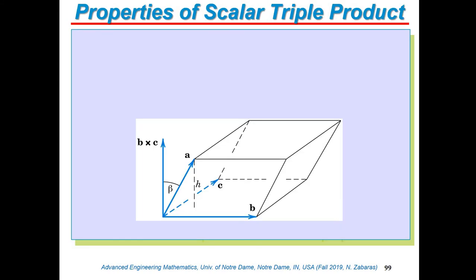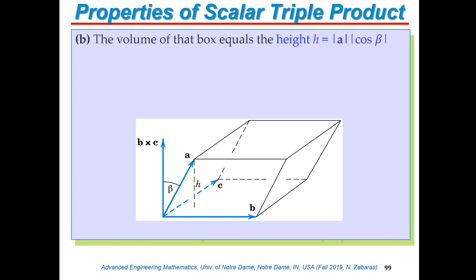If you look at this parallelogram, you see in the picture B cross C, and then we have A dot with B cross C. If you look at the volume of the parallelogram, what is the volume?